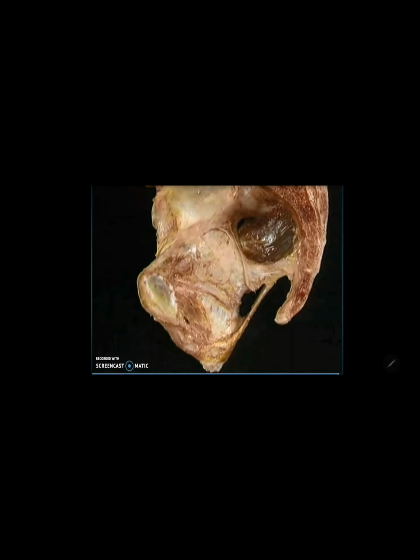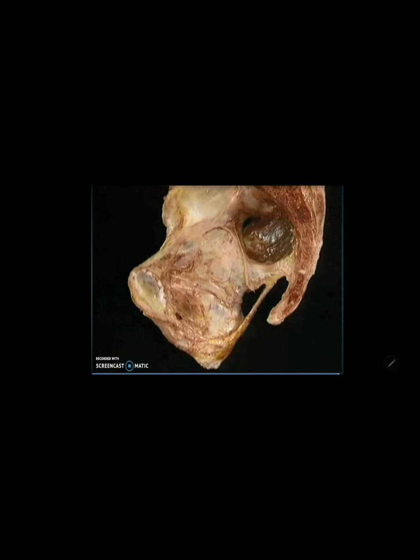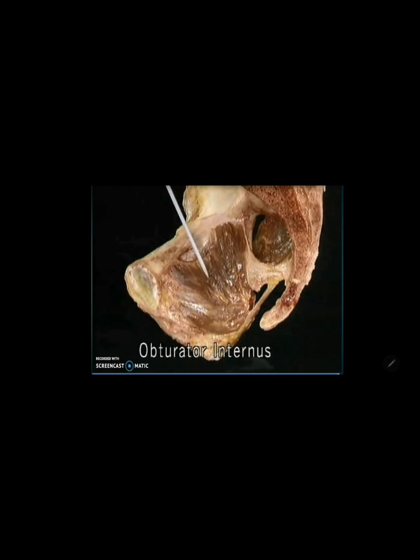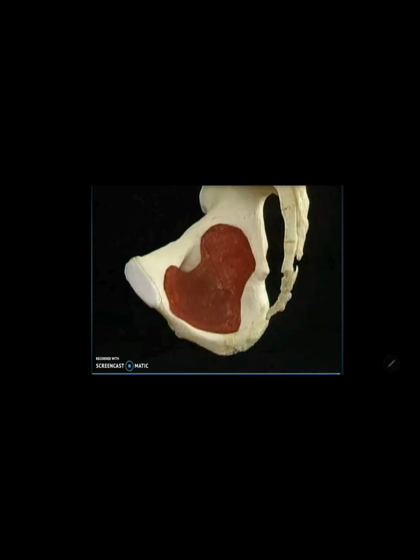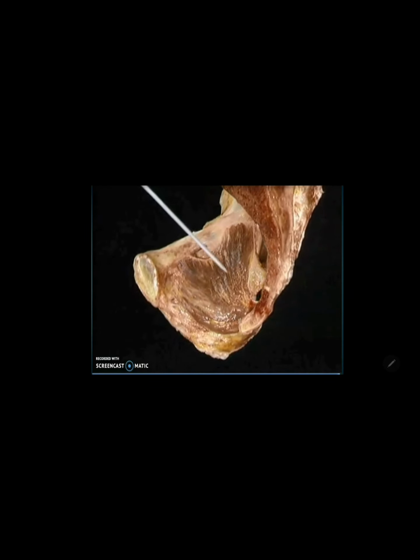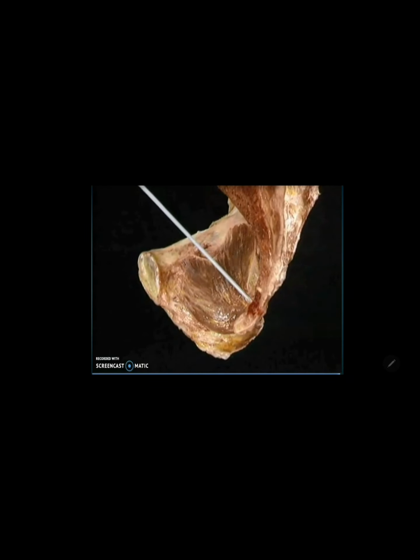And here in the lateral wall you are seeing the obturator internus muscle, taking origin from the pubis, ischium and ilium, and the obturator membrane which covers the obturator foramen. It exits the pelvis by forming a tendon, the tendon of obturator internus, along with the pudendal nerve and internal pudendal vessels.